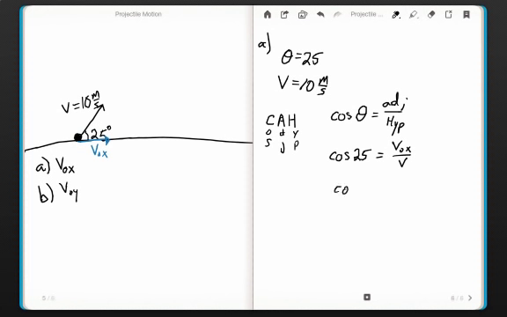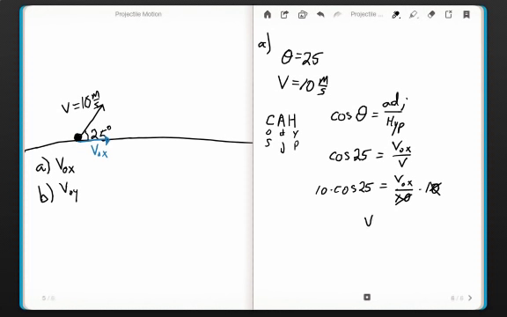In the next line, I'm just going to write down my actual value for the velocity, and we have 10. I'm going to multiply both sides by 10, because if I do that, these two cancel out.